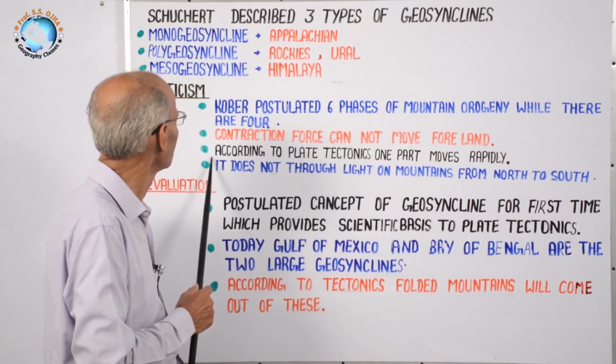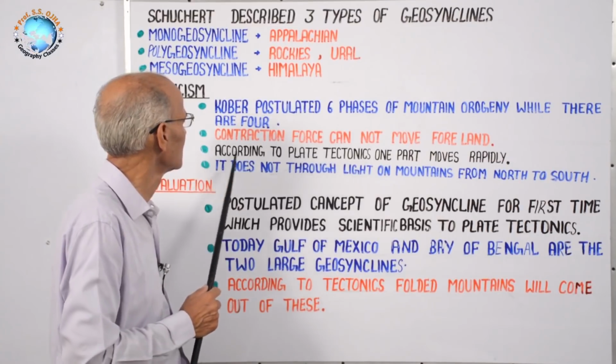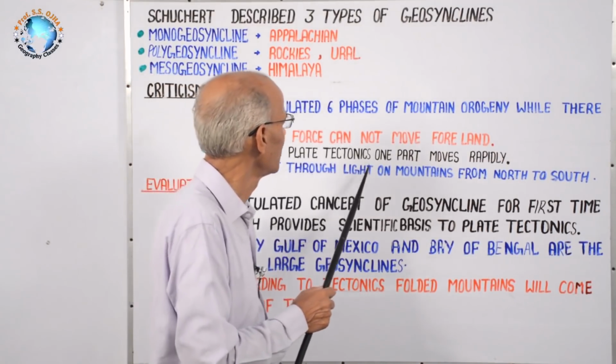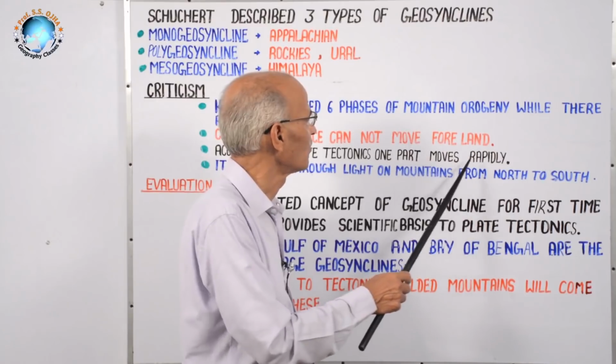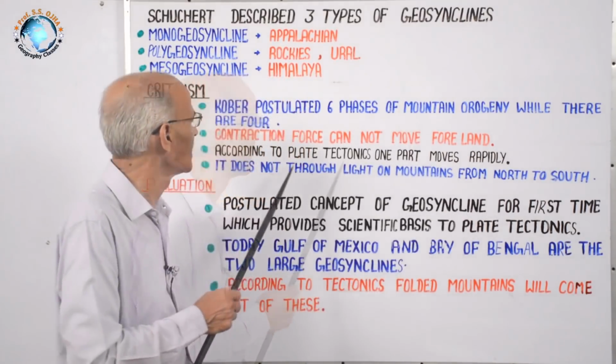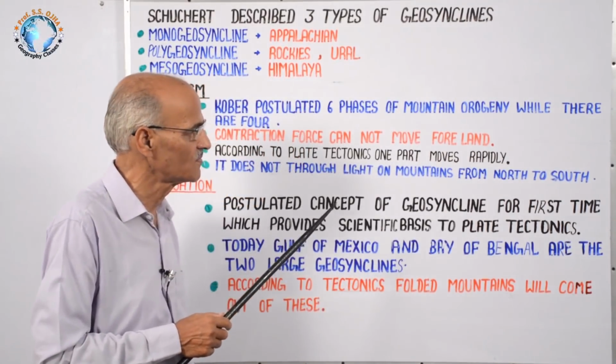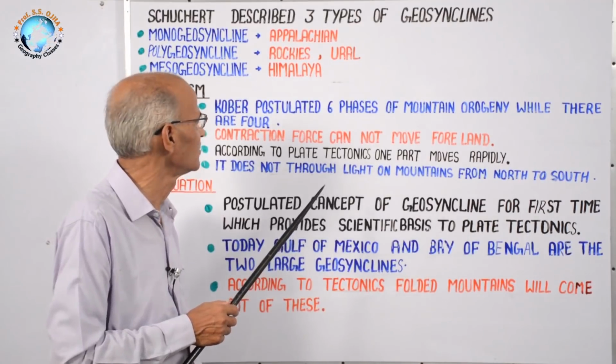And the next point of criticism is that according to plate tectonics, only one part moves. For example, in India, keep the map of Himalayas in your mind.